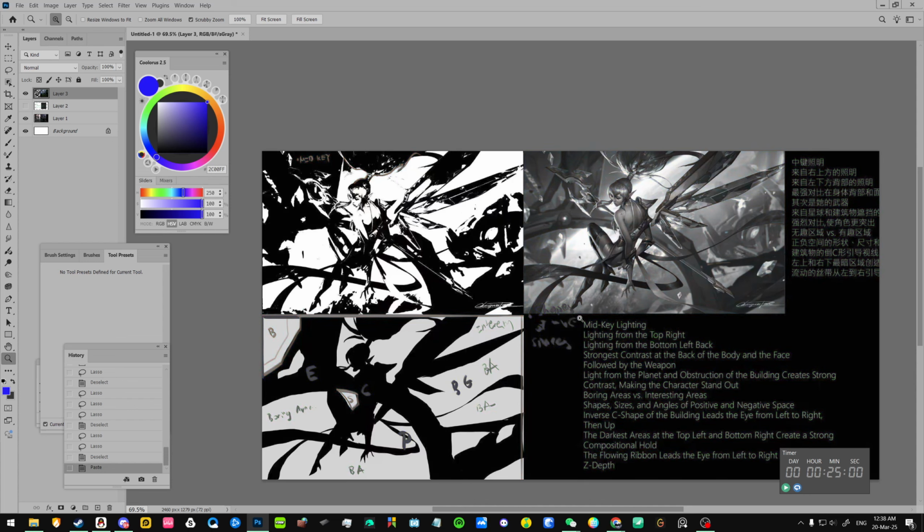And as we can see in grayscale mode, this is a mid-key lighting where it's not too bright and not too dark. A lot of lighting comes from the top right. And there's some lighting that comes from the bottom left back.